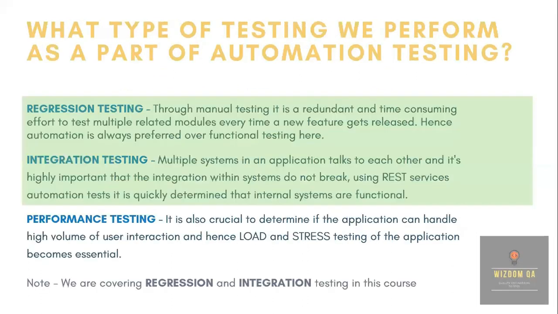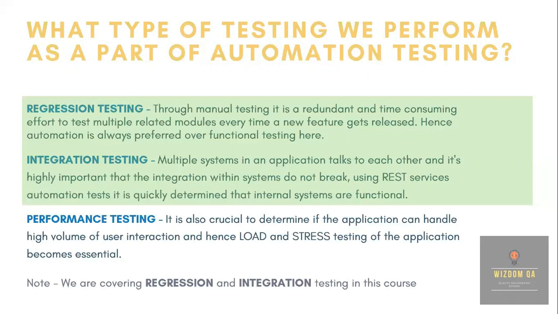What type of testing do we perform as a part of automation testing? Ideally, we perform regression testing, integration testing, and performance testing. Regression testing, I have already explained, right?